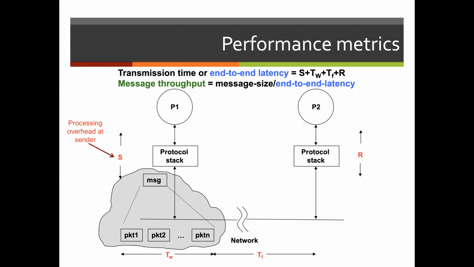And so we want to consider S being the processing overhead at the sender, R being the processing overhead at the receiver, T sub F is going to represent the flight time, and T sub W is going to represent our wire delay. And so our transmission time is going to be the processing overhead at the sender, plus the wire delay, plus the flight time, plus processing overhead at the receiver.